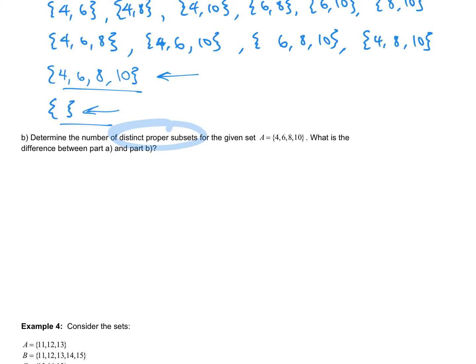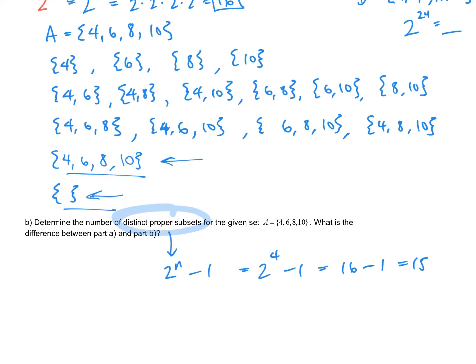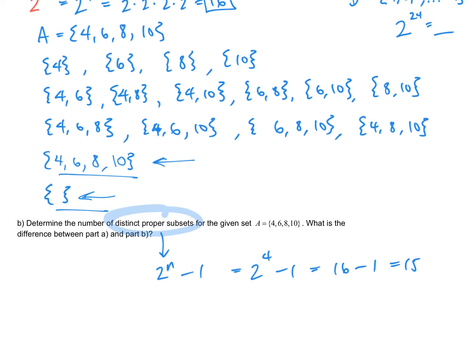Well, remember our formula. The formula for a distinct proper subset is this. It's still the same n of 4, and I say it's 16 for the subsets. So there's 15 of them here. Of these 16, what's the difference? You might recall the difference between a distinct subset and a distinct proper subset. Proper subset is the key word, not distinct, they're both distinct.